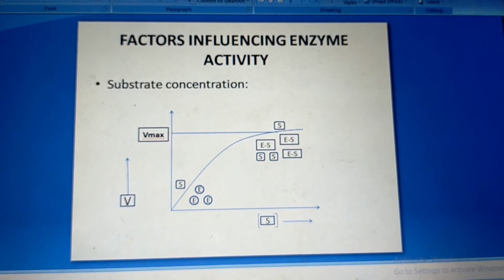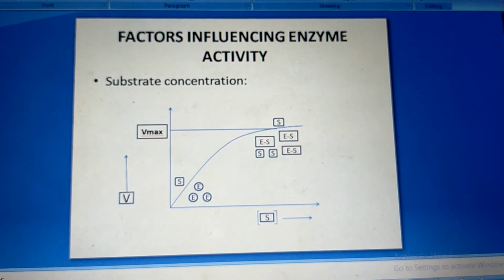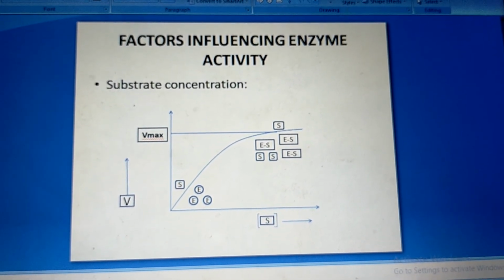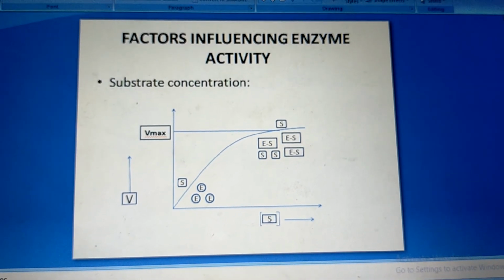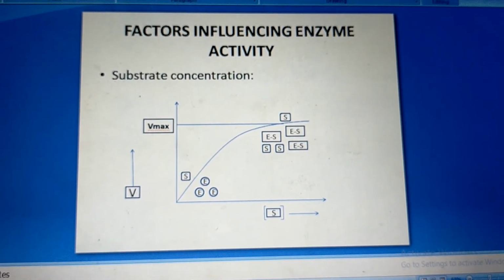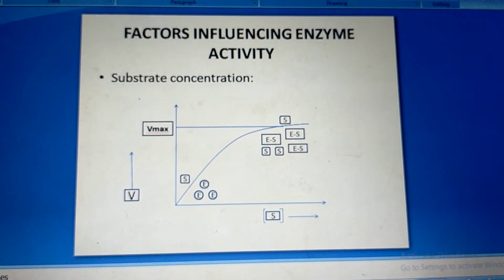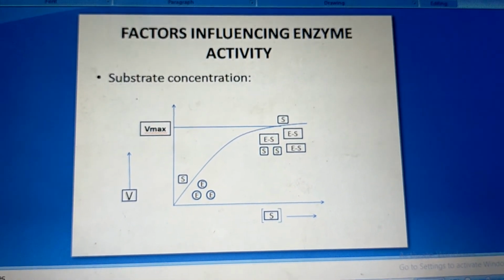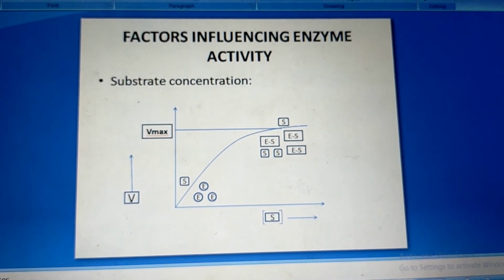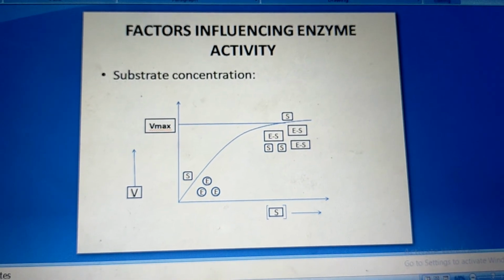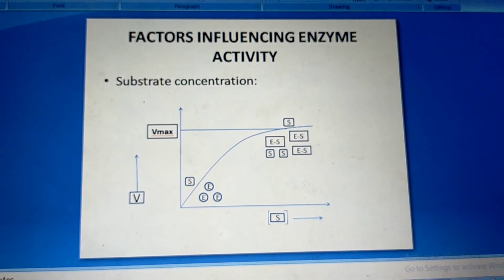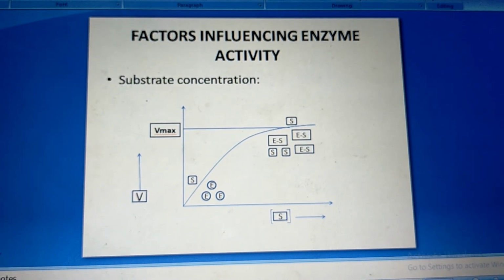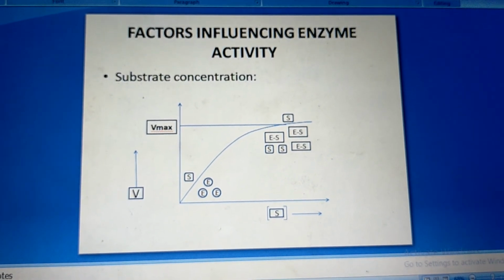A point will come where all enzyme molecules bind with the substrate. At that point, if you still further increase the substrate concentration, then free enzyme is not available to bind with the excess substrate, and hence velocity of the reaction does not increase and it remains flat, or we will get a flat curve.